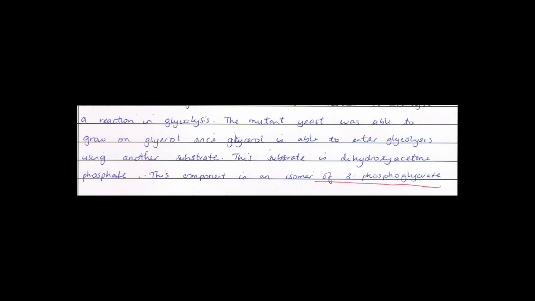DHAP, dihydroxyacetone phosphate, is not an isomer of 3-phosphoglycerate. It's an isomer of what? If you don't know, I'm not going to give you the answer. This is glycolysis. Guys, you should know this. Go and look at your glycolytic pathway and see the answer. What is the isomer of dihydroxyacetone phosphate? Look for the reaction that triose phosphate isomerase catalyzes.